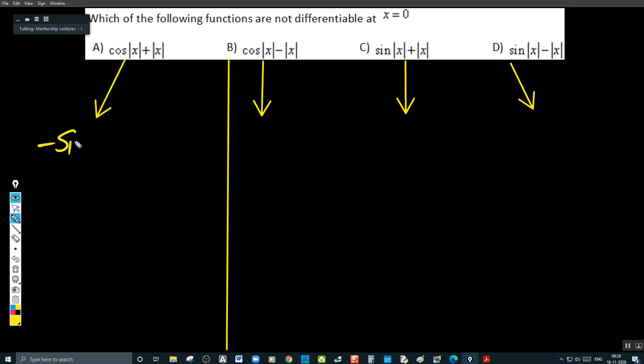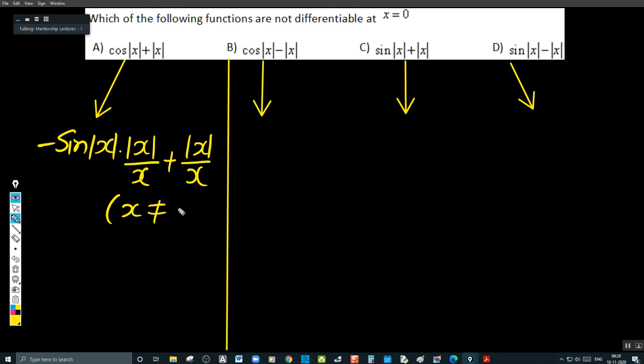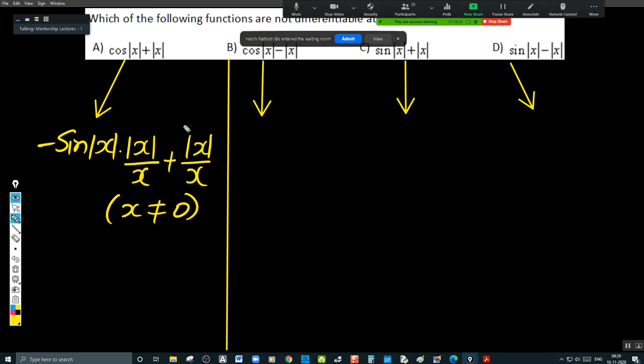Minus sin mod x into the derivative of mod x, which is mod x by x. Whenever mod x by x comes, x is not equal to 0. So not differentiable. Let's correct only A. It is not differentiable.